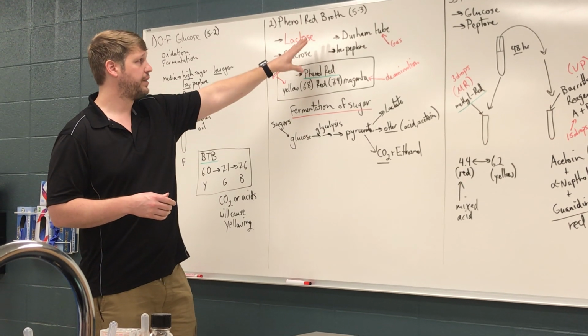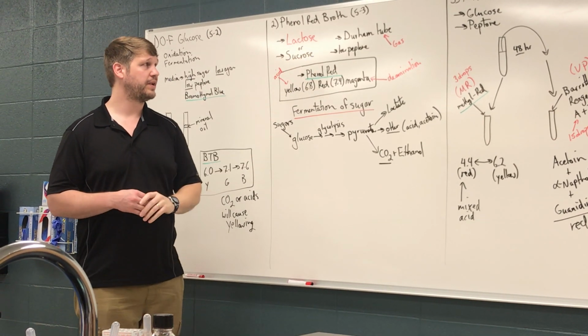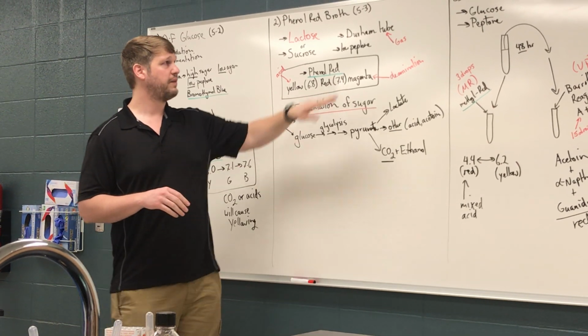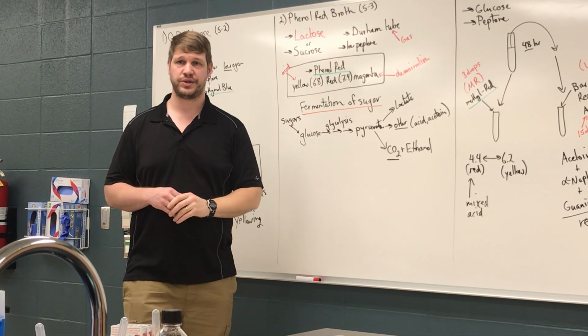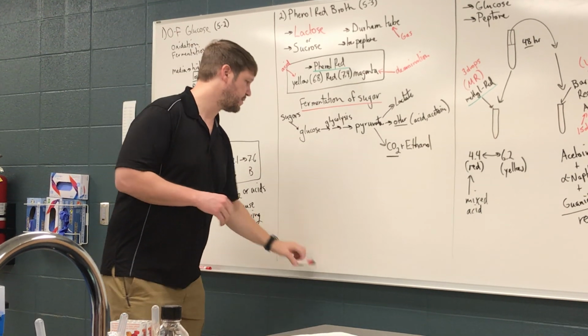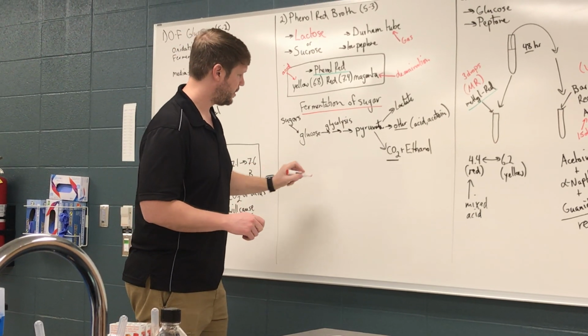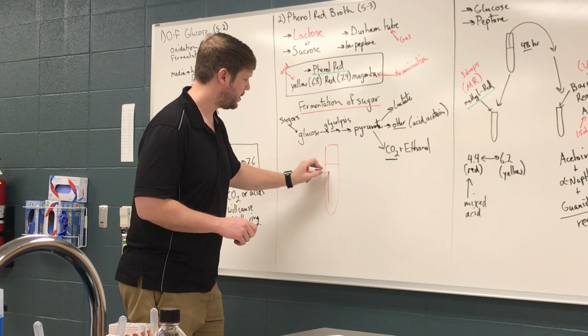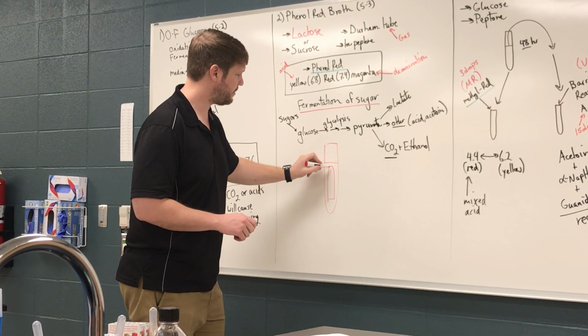These phenol red broth tubes also have another unique component to them. They have inside of them these little things called Durham tubes, which are just an inverted tube inside of here.